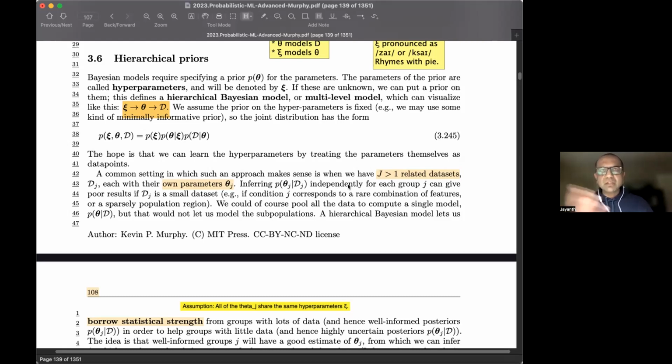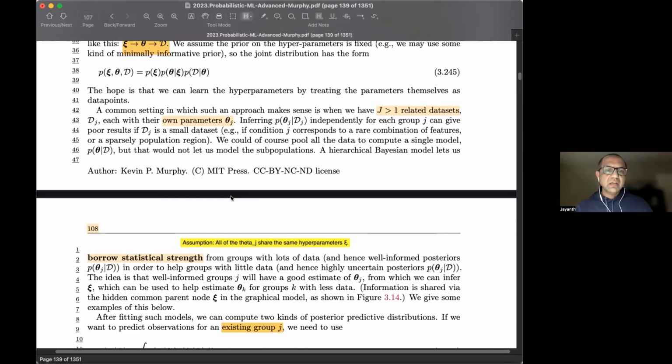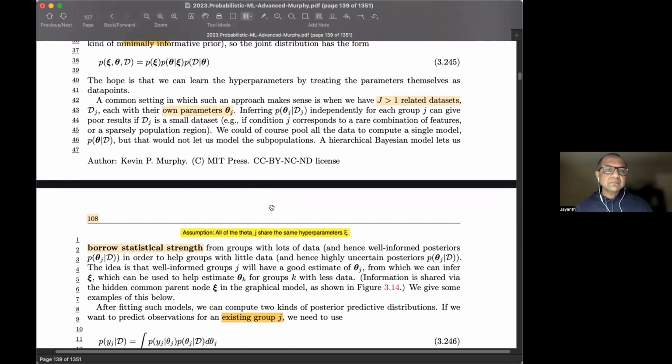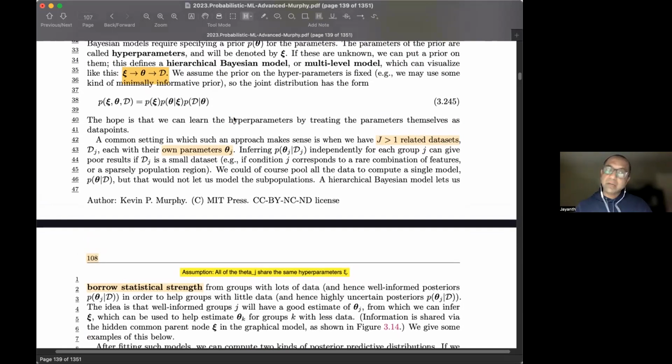They're all related, but each data set is different, and you want to capture the differences in each data set by giving each set its own set of parameters, theta j. And we derive the theta j's from a set of parameters psi.